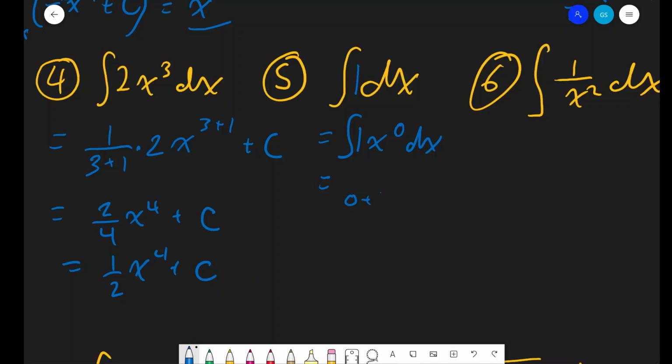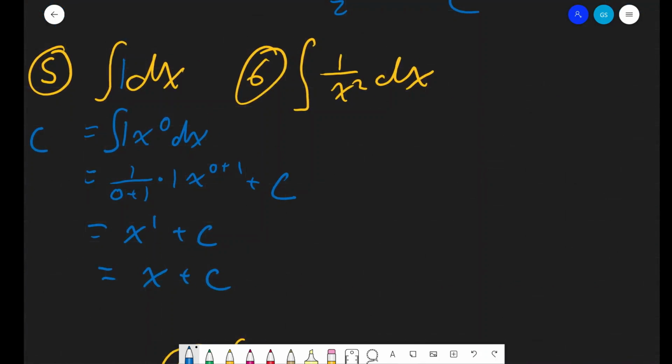So 1 over 0 plus 1 multiplied by 1, x to the 0 plus 1, plus c. 0 plus 1 is just 1, so 1 times x to the 1 plus c, or in other words, x plus c. That's it, actually. I just took a longer step. For some people, I'm sure you saw this and thought, it's a 1, so you can get to x immediately. But that's just how you would do it.